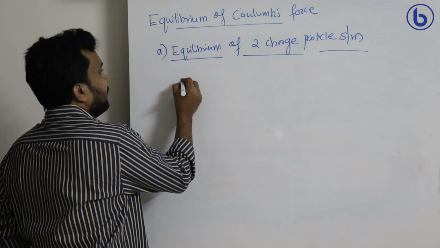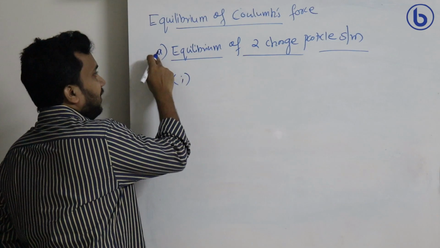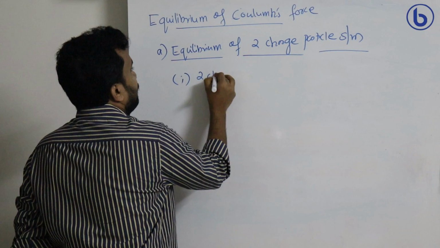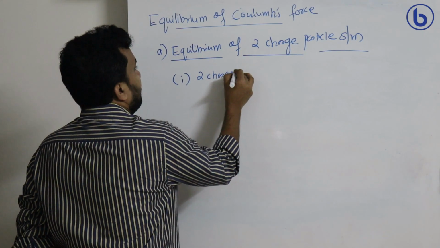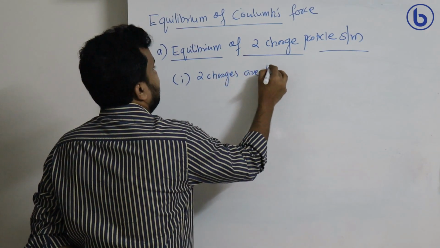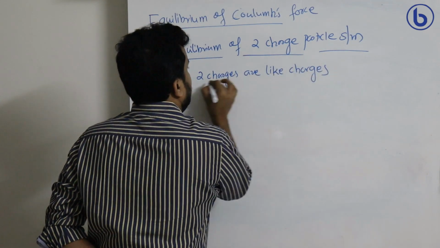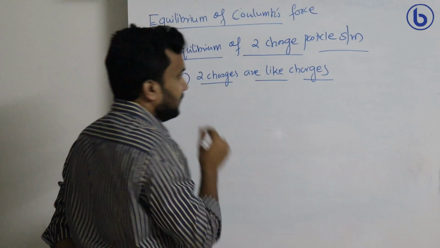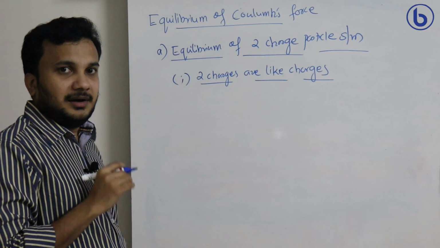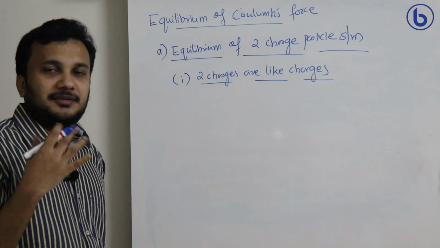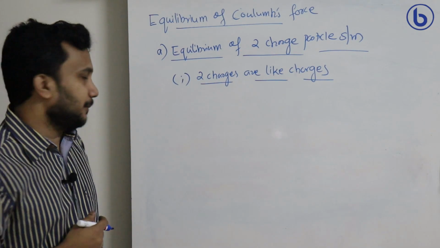First we'll go with the first subdivision, A1: two charges are like charges. I'll tell you the concept, then we'll take one example and see how it works out.